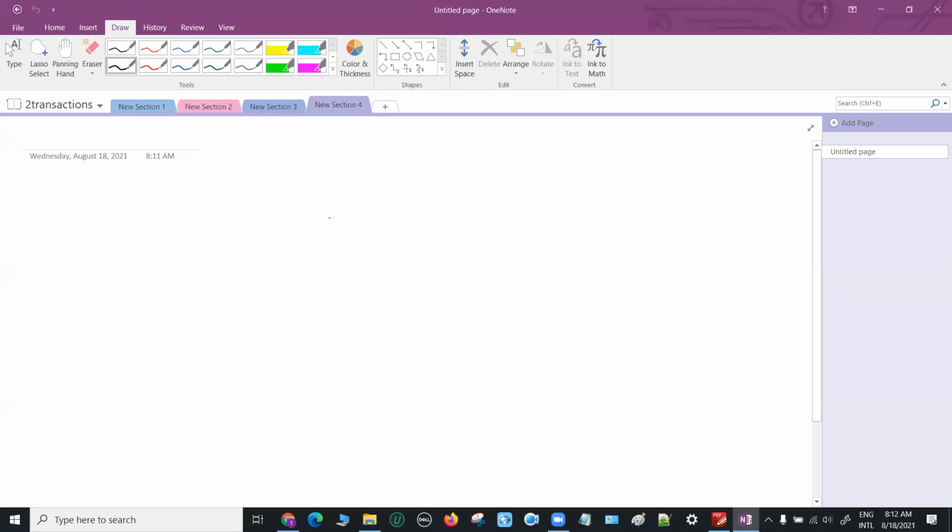Here we have our computer. This is our computer, and we need to connect this computer to the internet.